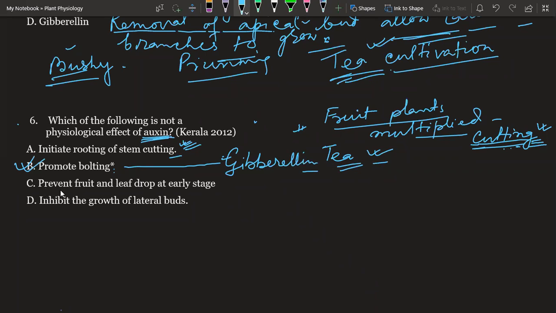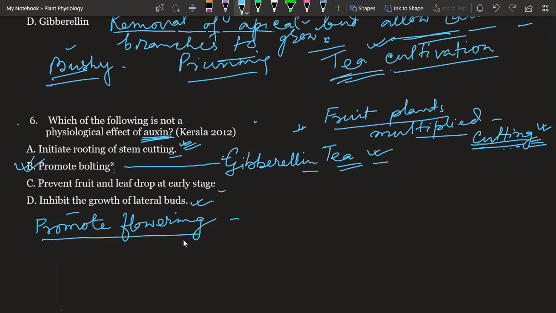Next one is prevent fruit and leaf drop at an earlier stage, that we have learned. This is the effect of auxin. Inhibit the growth of lateral buds, this is also an auxin effect. Of course, there are several other physiological effects, like promoting flowering.